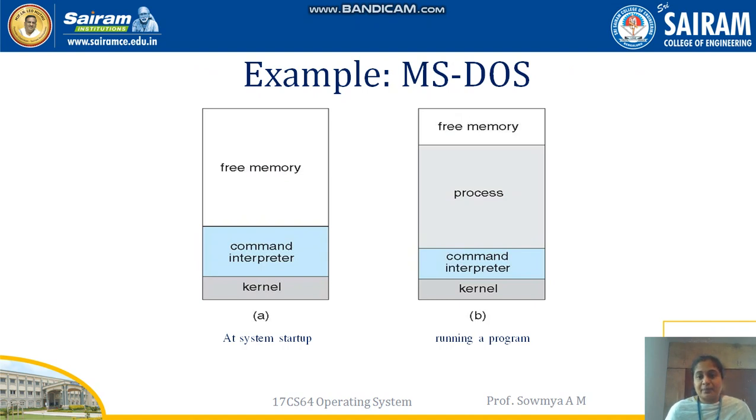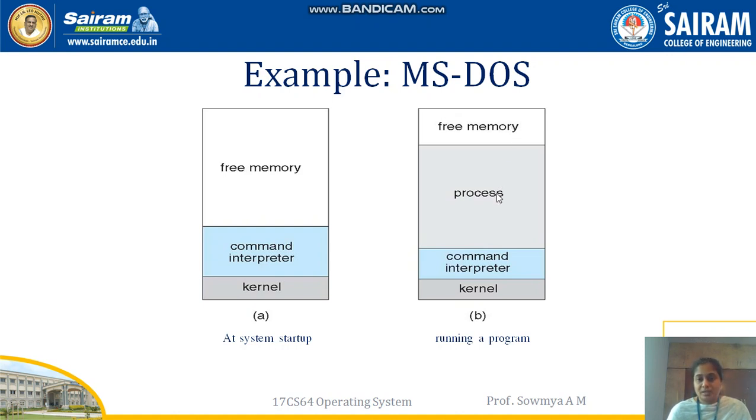Next is the example of MS-DOS. In the MS-DOS operating system, this is how the main memory looks before the system is started up for the user process, and this is when the user process is running. First, a part is reserved for the kernel and command interpreter, then free memory. Once a user process starts executing, data is allocated for it in the free space, and the remaining is free space.